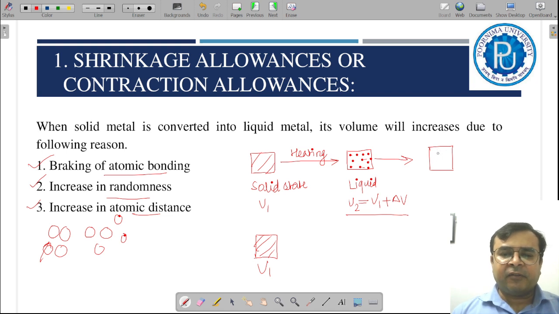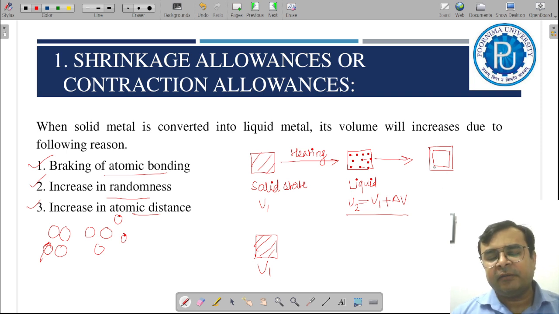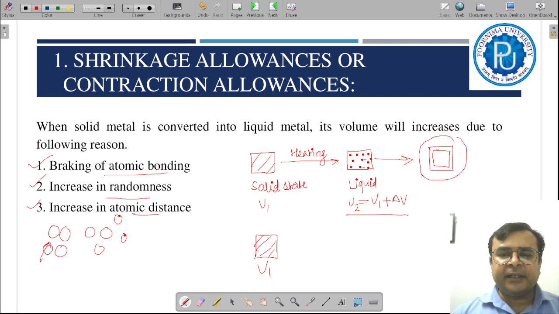Obviously after solidification it will shrink, and because of this shrinkage the volume decreases. So the size of the casting after solidification will be lower than the initial size. During solidification this much amount of volume decreases, and this decreased volume is called shrinkage.